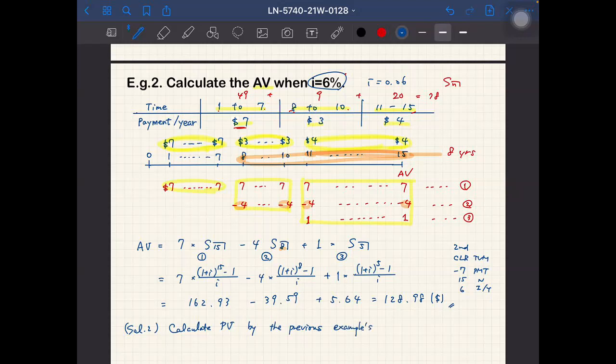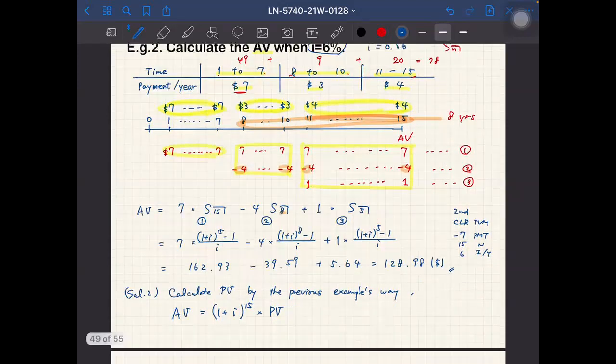Then AV is equal to 1 plus i to the 15th power times PV. So this is another way. Or you can think about each block. Each block can be calculated with an annuity formula. Then we can just calculate the value at t is equal to 15. So that is a longer way to go, but still you can get the final answer.